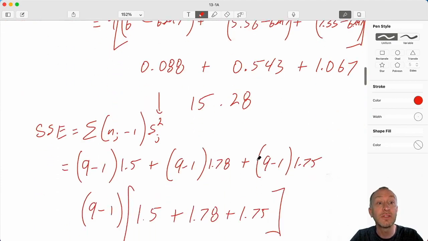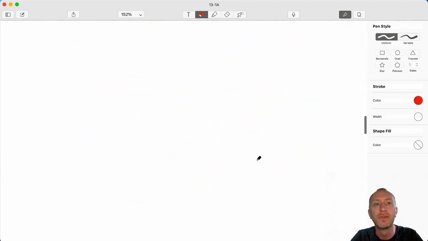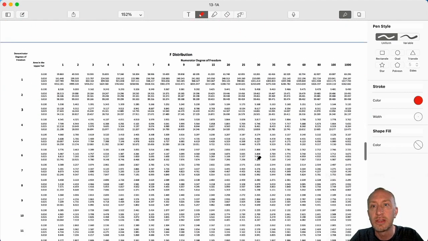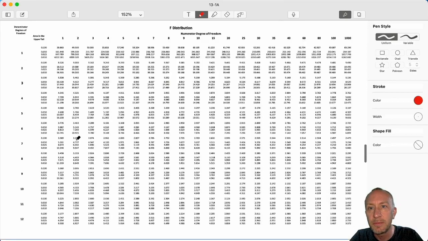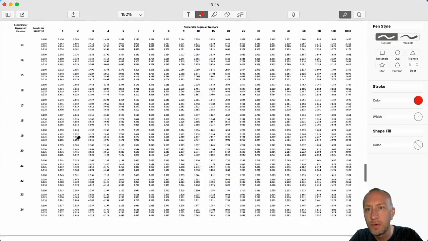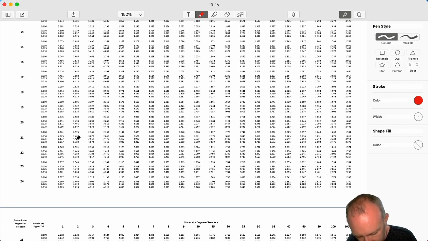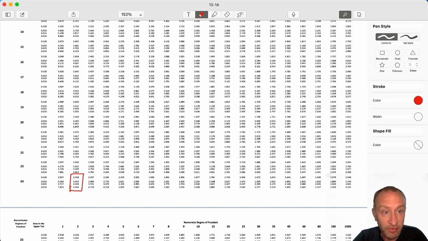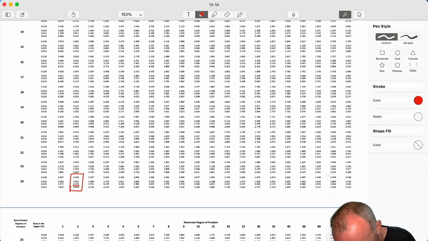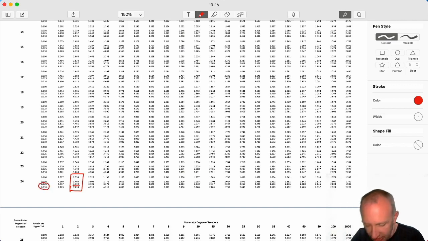So let's go down to our F tables. I'm looking for 2 in the numerator and 24 in the denominator. And so here we are. Now our test statistic was 4.5, so we're somewhere in between these two values here, which places our p-value between 0.01 and 0.025.